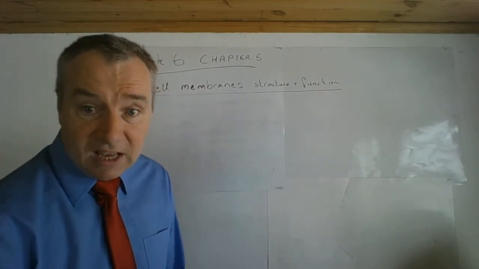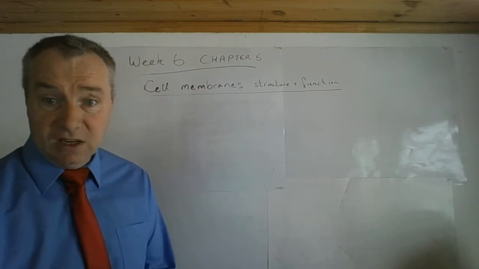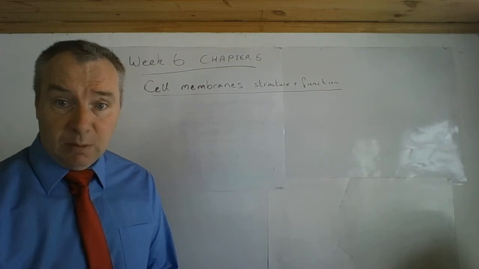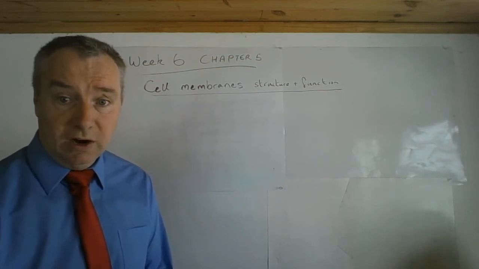So one of the things they say about the cell membrane is that it has a phospholipid bilayer, and you'll see that they line up because of their polar and non-polar characteristics.